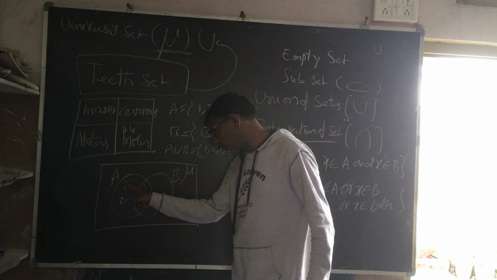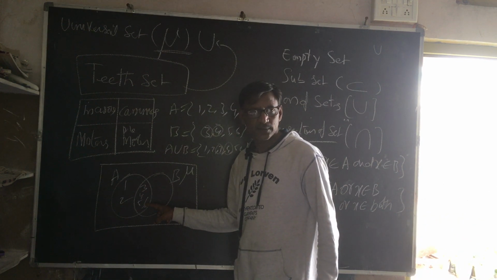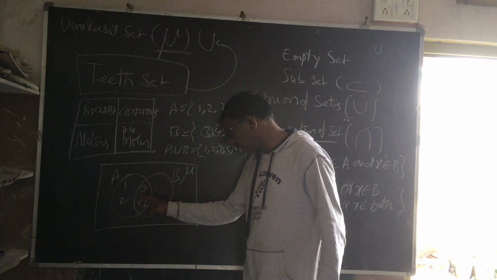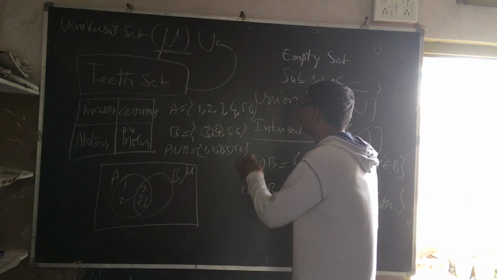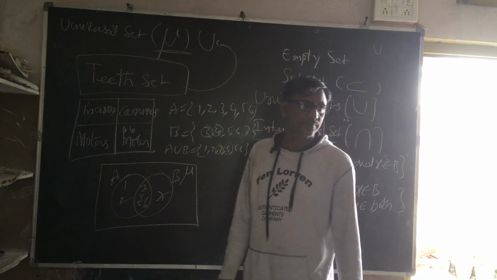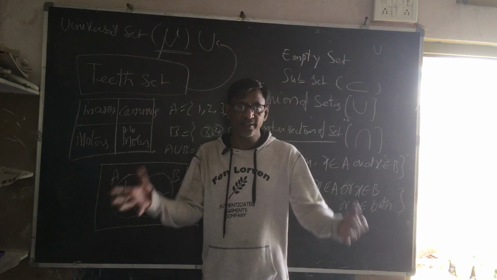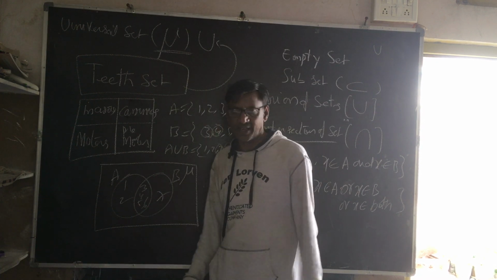By observing this, 1, 2, 3, 4, 5, 6. I will give 7 to others better. I will write out. Now this is the union of sets. I make them union by the help of the Venn diagram.